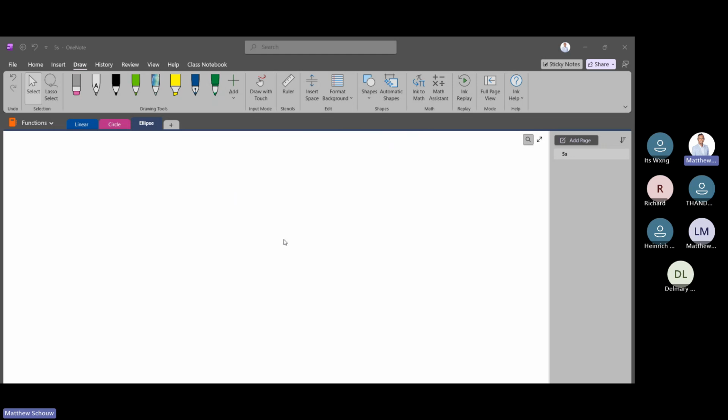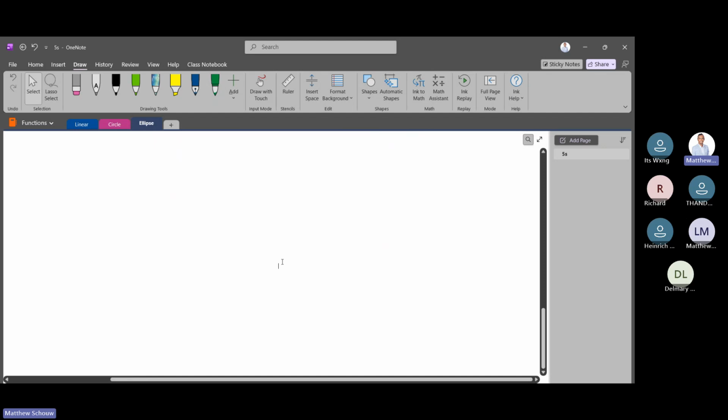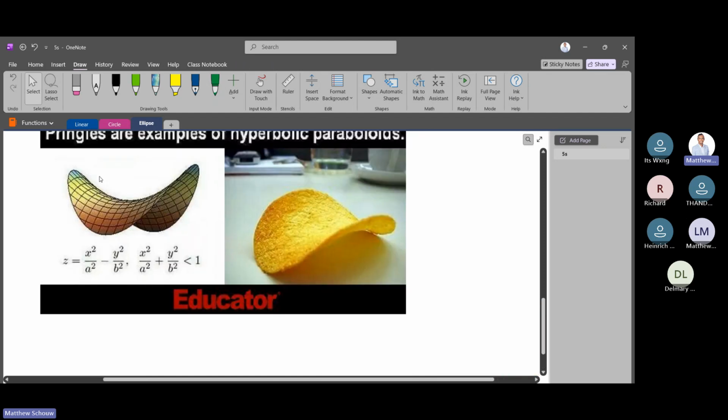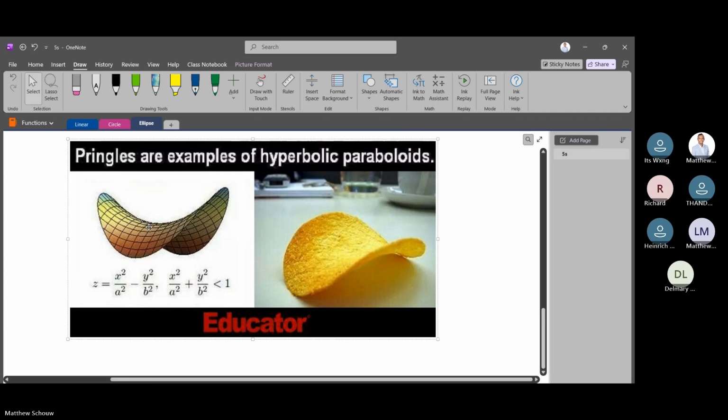The idea was, I think, when they were developing this thing, it was something about fitting it into a sphere. But one of the uses they did was, I'll show you now. You see what I mean? It's a function. Here we go. So it's a Pringle, right? It's a hyperbolic paraboloid. That's what the function looks like.